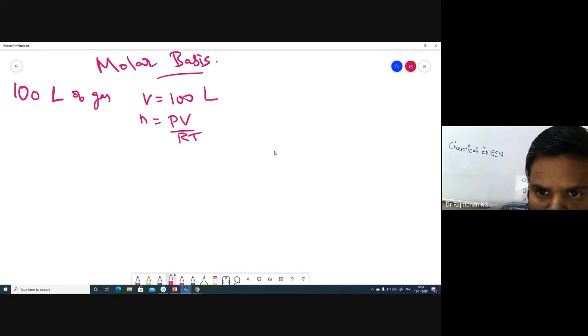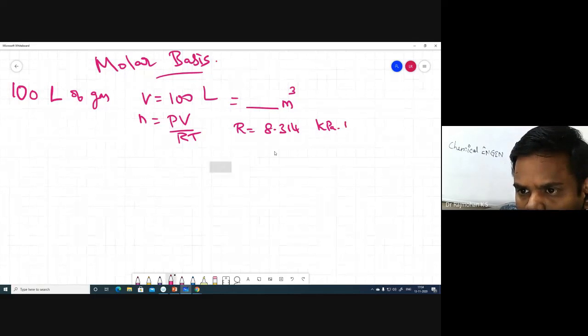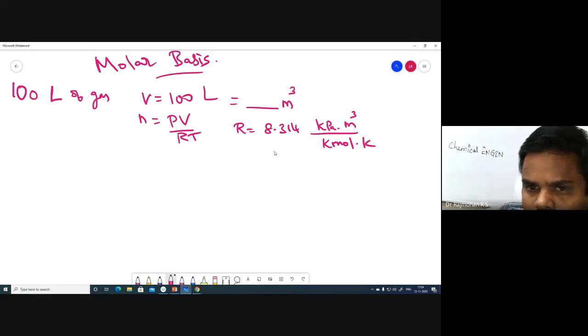Volume is given in liters, so convert it into meter cube, and the R value we know, 8.314 kilopascal meter cube per kilomole Kelvin. Temperature is given, 322 Kelvin. Pressure is given, 743 mm mercury.